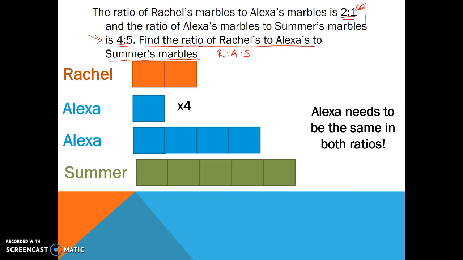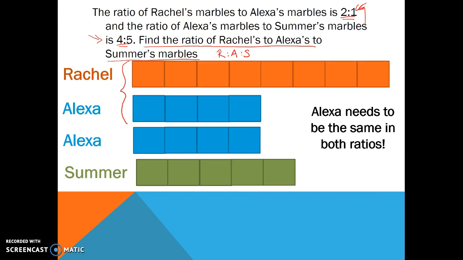But if we're going to multiply Alexa's units by 4, since these are in a ratio together, we're also going to need to multiply Rachel's units by 4. So let's go ahead and do that. So Alexa becomes 4, Rachel's units become 8. Now we can compare Rachel to Alexa to Summer. And if we do that, our ratio is 8 to 4 to 5.